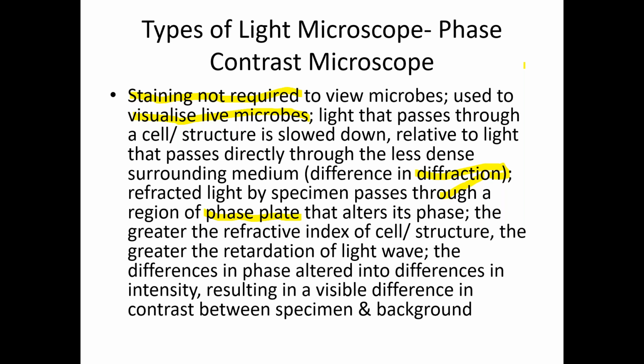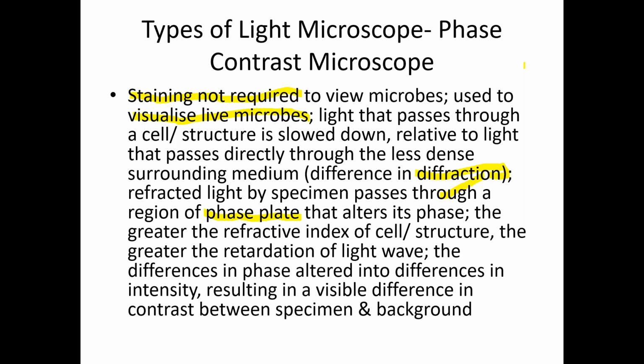Now these differences in phase are altered into differences in intensity, which means if the speed of light is reduced, its intensity will be reduced. If the speed of light is higher, intensity will be higher. All these things are correlated.